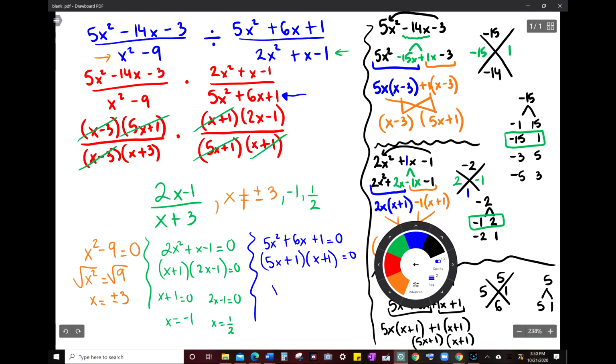So then we have x equals negative 1/5, x equals negative 1. And we already have negative 1 from previous problems. So right now we only have negative 1/5. Okay. So that's the answer for this problem. Hopefully it helped you guys understand how to simplify rational expressions now.